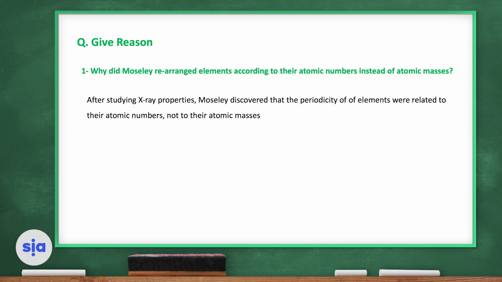And when he used the atomic numbers, it was so easy for him to arrange the elements in an ascending order. And why did Mendeleev leave empty cells in his periodic table? We said for undiscovered new elements.